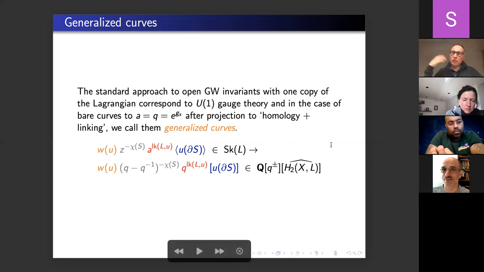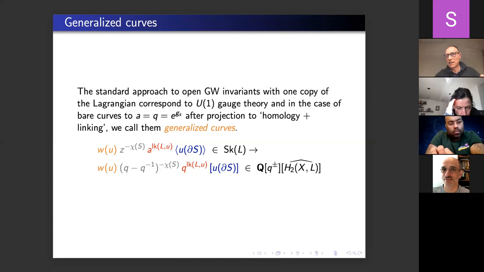And when I'm in the conifold, note that it is unfortunate, I should have two A's: there's one A for the conormal brane, and there's one A for S3. When I do this, the A for S3 is still here because it's the area of the P1, but there is no linking with the LK, so now A2 I set to Q. Then I get something I call generalized holomorphic curves, but it's really counting in the U(1) skein of the LK.